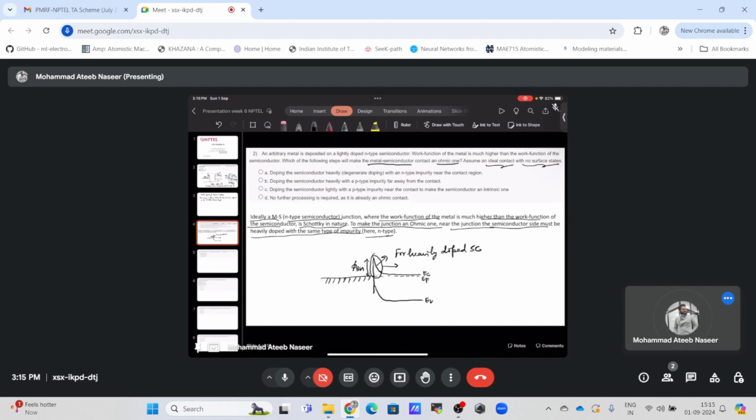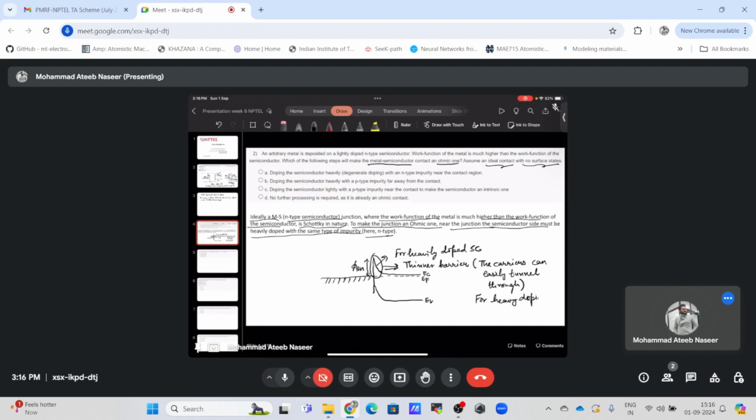Since it is thin, the carriers can easily tunnel through, but the condition is that the barrier is thin, which happens for heavy dopants.